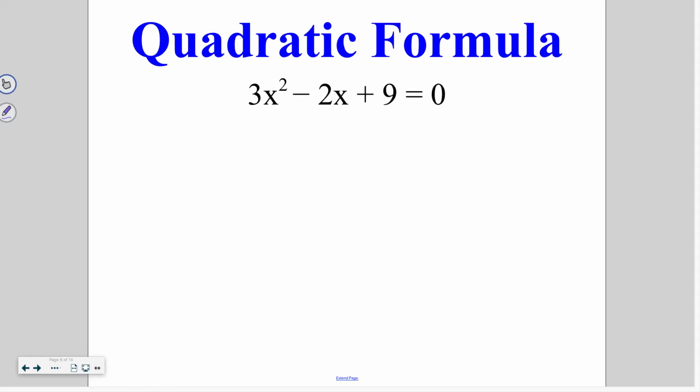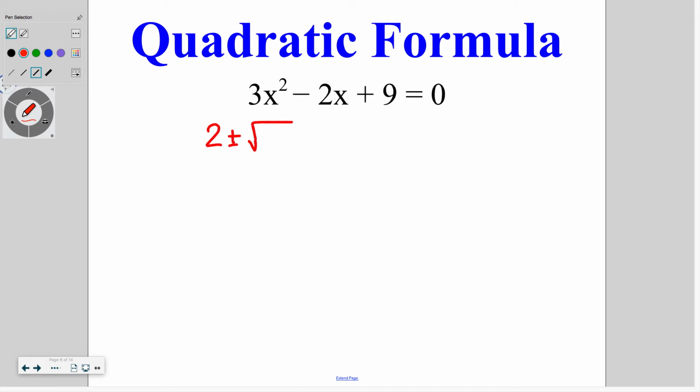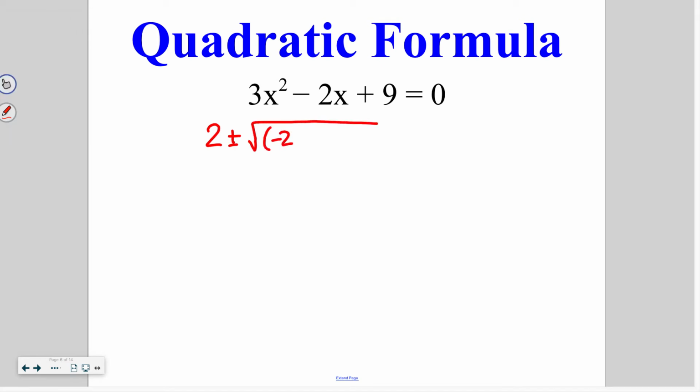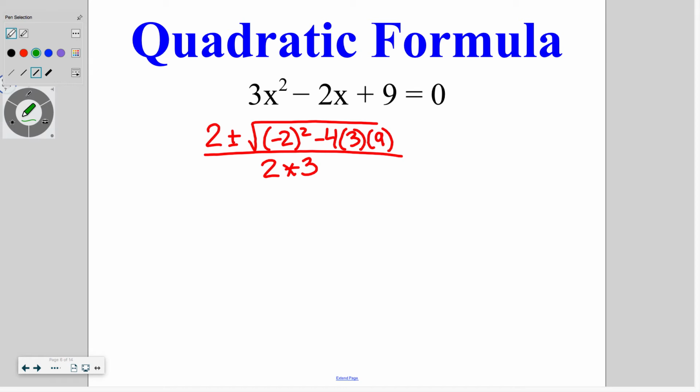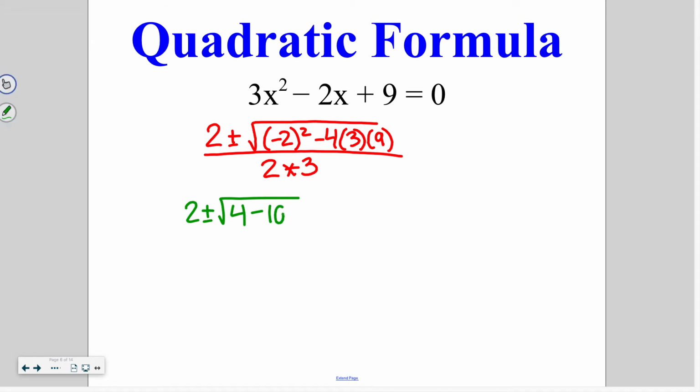So we've got negative b, so the opposite of that is 2 plus or minus the square root of negative 2 squared minus 4 times a times c all over 2 times a. Again, going through and simplifying, we're going to end up with 2 plus or minus the square root of 4 minus 108 over 6.